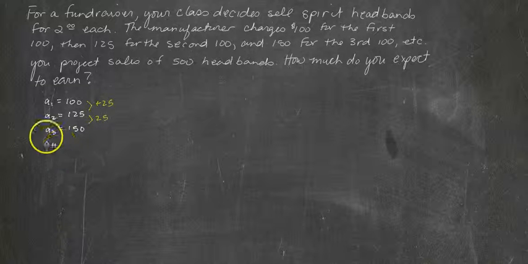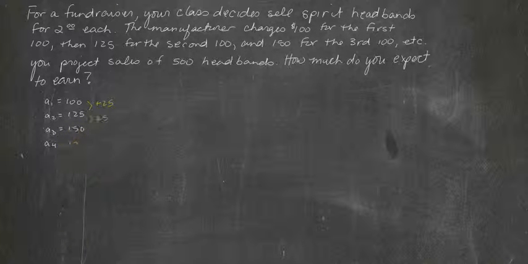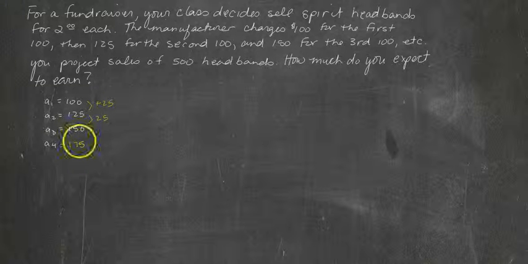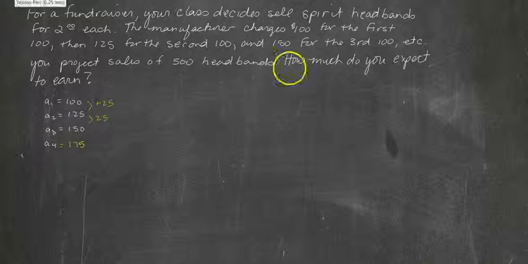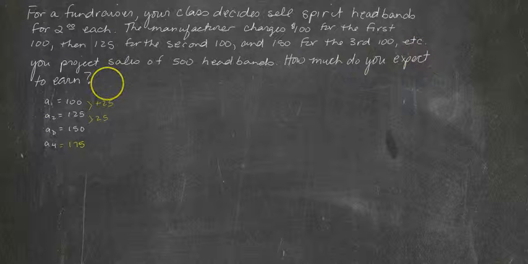So we would imagine that the fourth 100 would cost you 175. So you're saving money with each additional 100, but you have to get through that previous 100 at a higher price. So 175. In order to figure out how much we expect to earn, it's easy to figure out how much we're going to make.